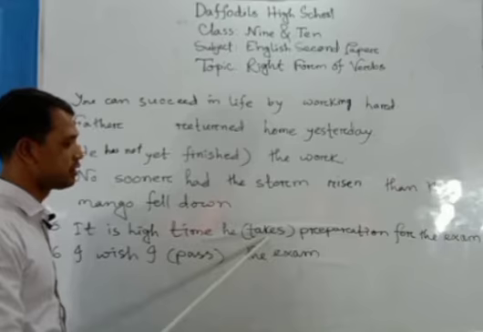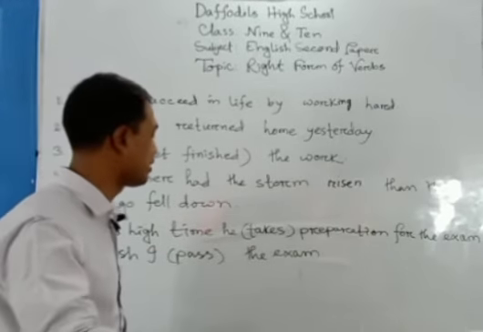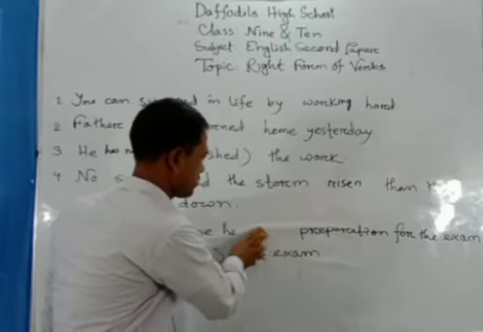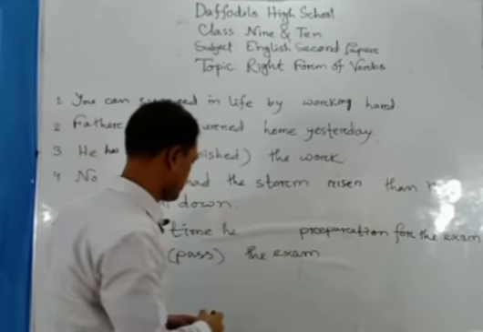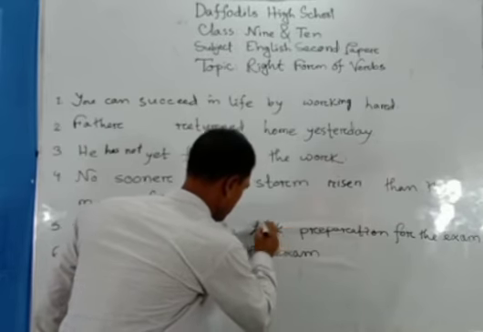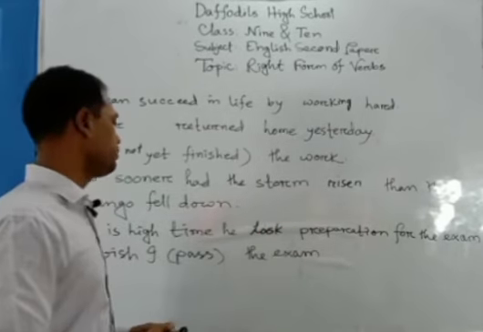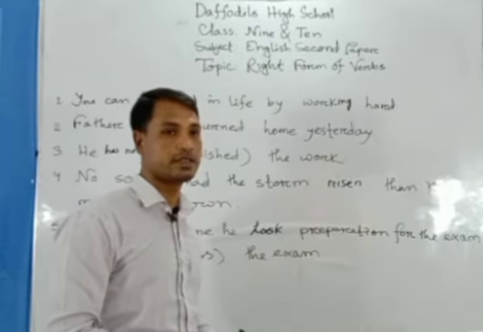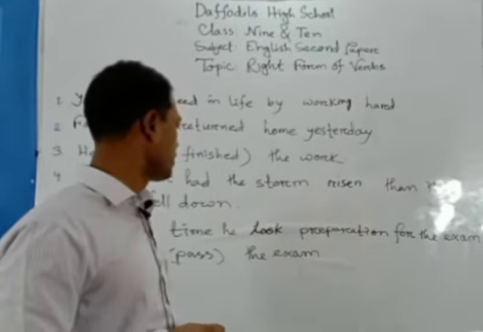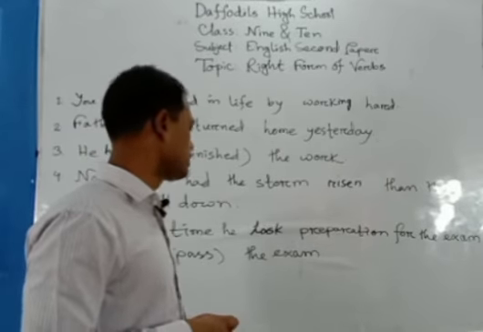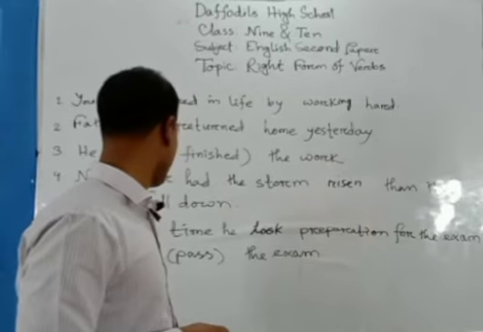If we make it "took", our pattern will be totally correct. It is high time he took preparation for the exam. This time this pattern is correct. And if you can memorize this rule, you will be able to use the correct pattern of verb very easily.